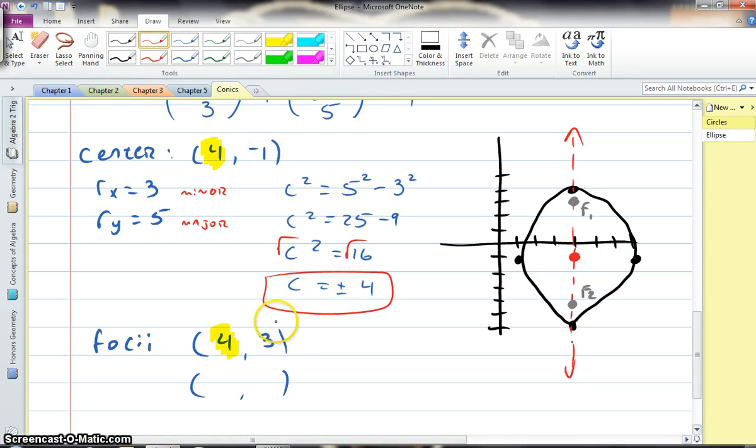So my y, I went up 4 units. -1 plus 4 is 3. Then here again, I have my 4, because I'm on that axis, so my x is the same. But this time, I'm going to go down 4 from the center. Down 4 from -1 is -5. So you can actually calculate it from your center point without looking at the graph.